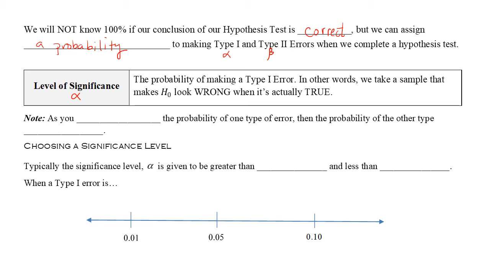And one important property is that when we increase the value of alpha, in other words, if we increase the probability of a type 1 error, then the probability of the other type of error will decrease.